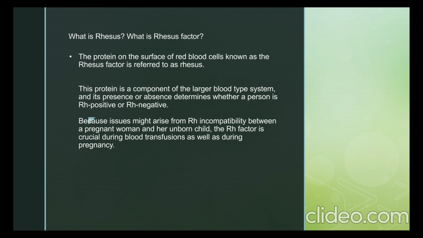However, at the second pregnancy, the antibodies will cause the blood of the baby to agglutinate, eventually leading to the death of the baby. So the Rh factor is also crucial in blood transfusion, to prevent agglutination of RBCs. That's all for me. I'll let my next member tell more about this.